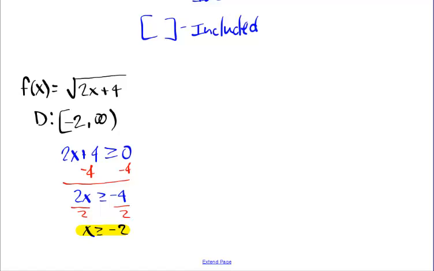Now, infinity has parentheses because whatever number you think of that's the largest number you can think of, just add 1 to it, and now you've got a whole new number. So there's no way to specifically pick the number infinity. And since you can't specifically pick the number infinity, we can't include it as a specific number like we can negative 2. So the domain on this guy then is going to go from negative 2 to infinity.